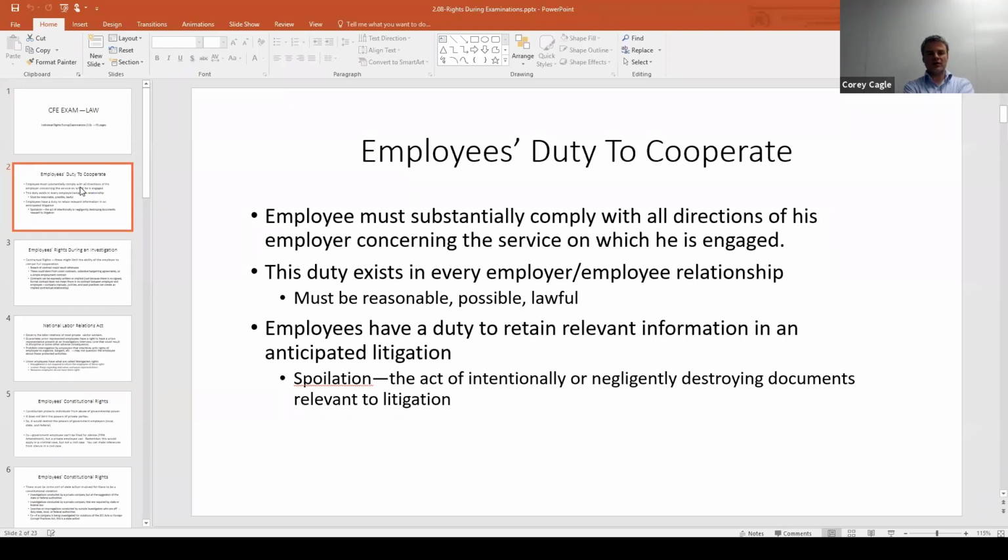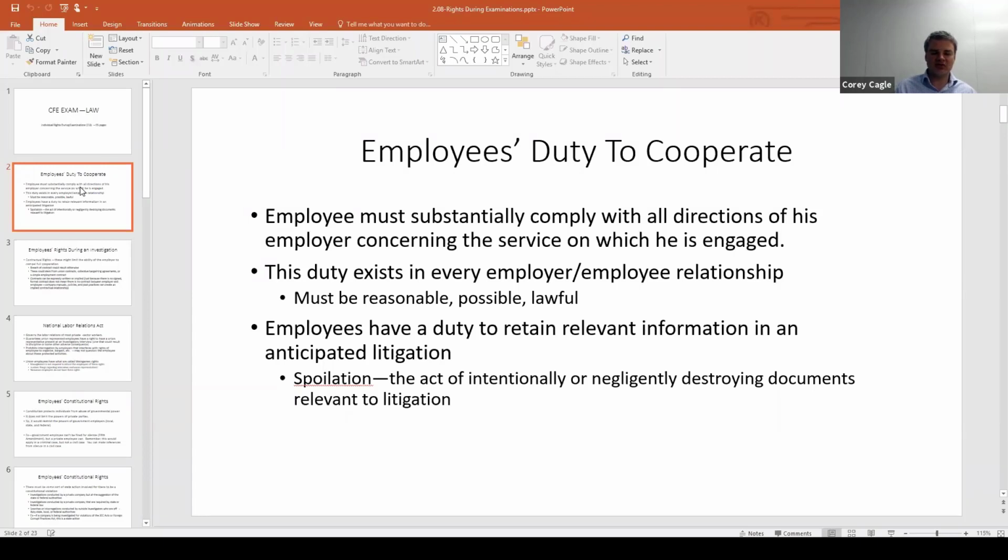All right, so employees have a duty to cooperate. Why would they not have that duty? But employees are required to substantially comply with all directions of their employer concerning the service on which they're engaged. The duty exists in every employer-employee relationship. Obviously, it has to be reasonable, it has to be possible, and it has to be lawful. Employees have a duty to retain relevant information in anticipated litigation.